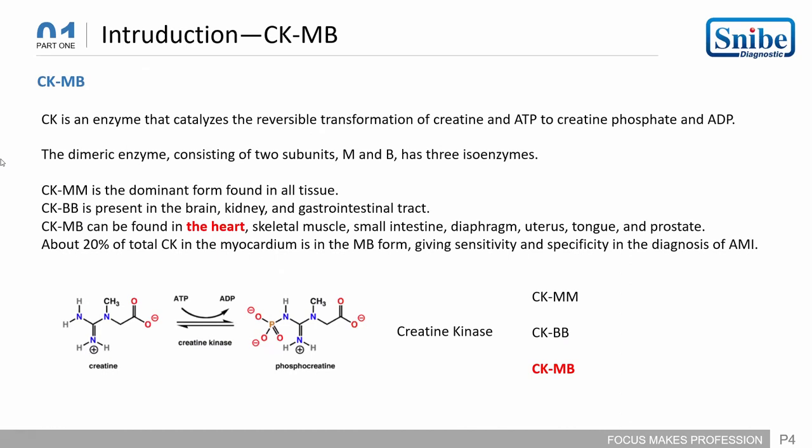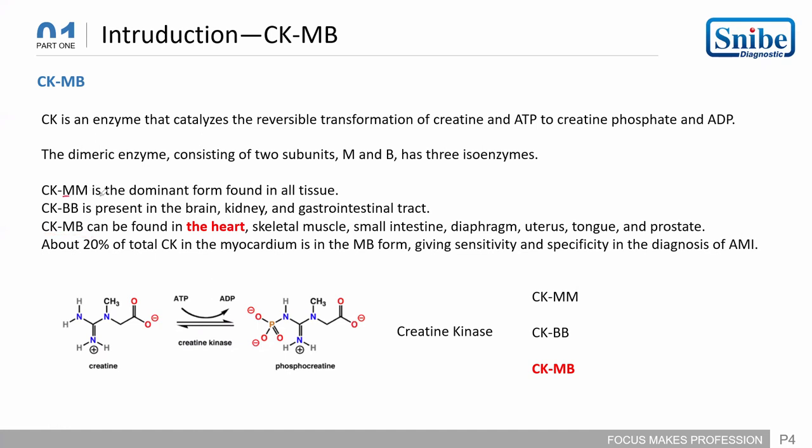In the introduction, if we talk about CK, as you know, it is an enzyme which catalyzes the reversible transformation of creatine and ATP to creatine phosphate and ADP. This dimeric enzyme consists of 2 units, CKM and CKB, giving 3 isoenzymes: CKMM, CKBB, and CKMB.